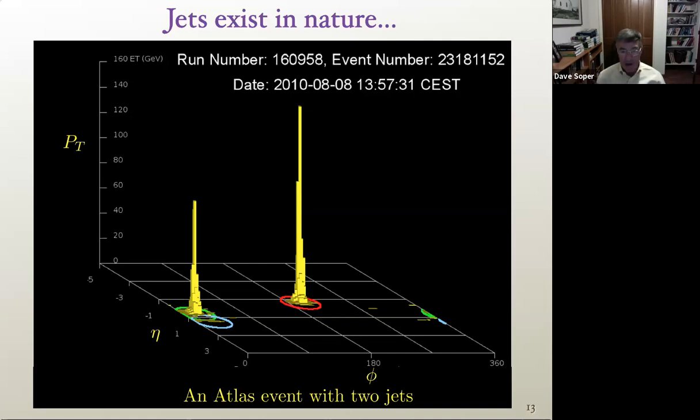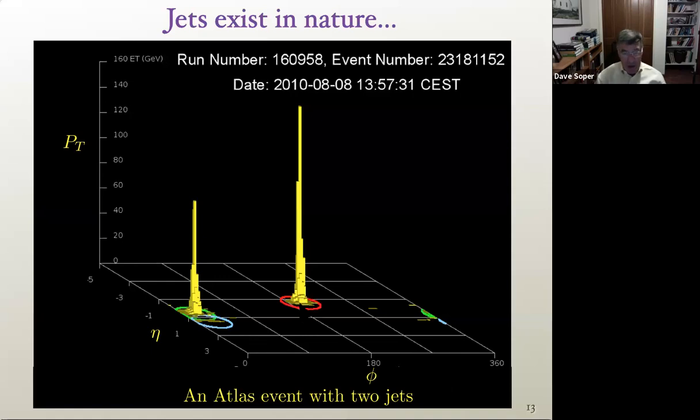It's basically the angle from 0, which is the center of the detector, and then minus 5 is way small angles going in one direction, so angles away from the beam. And phi is the azimuthal angle going around the ATLAS detector from 0 to 2 pi.